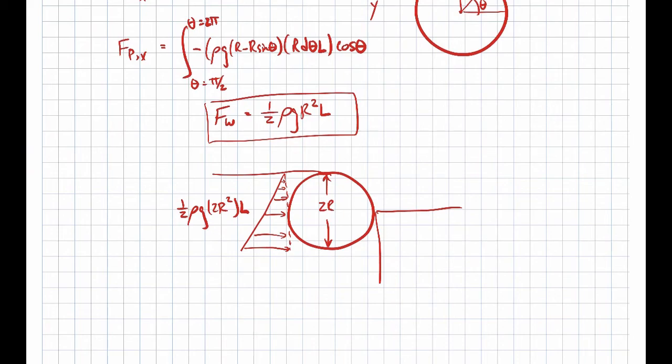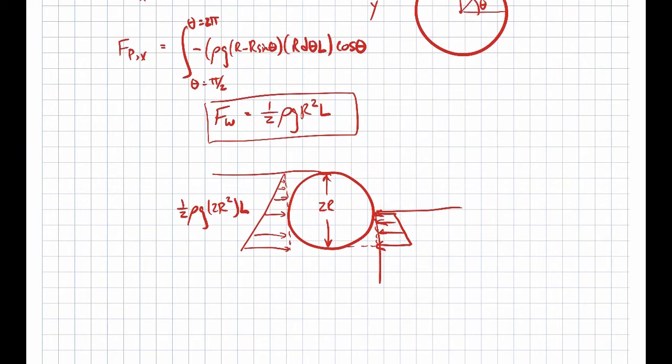So that's the pressure force acting from the left-hand side, but you also have to remember there's a pressure force acting on this projected area from the right-hand side. There's still water over on this side. So that pressure force will look like this. Notice it doesn't start at 0, and the reason is that this is not a free surface here. The water here is at a depth r from the free surface.